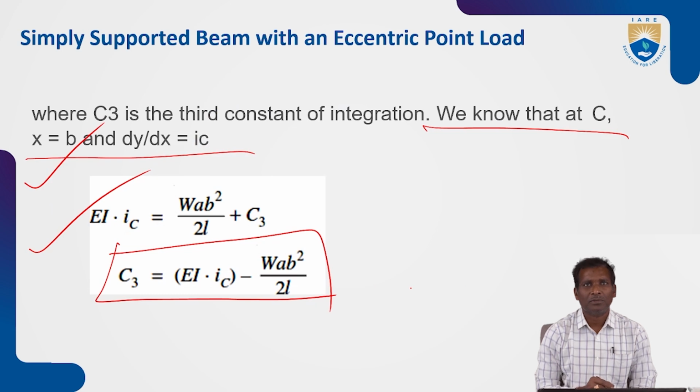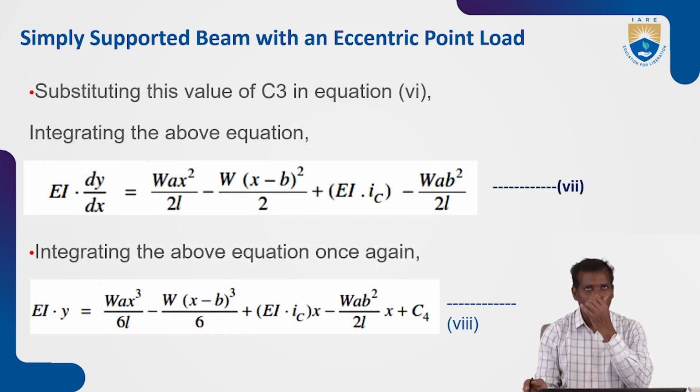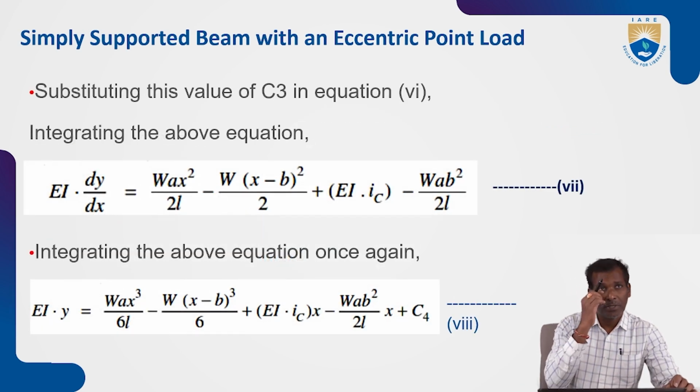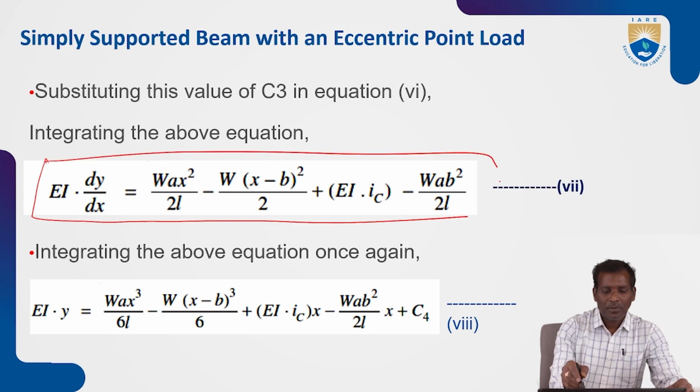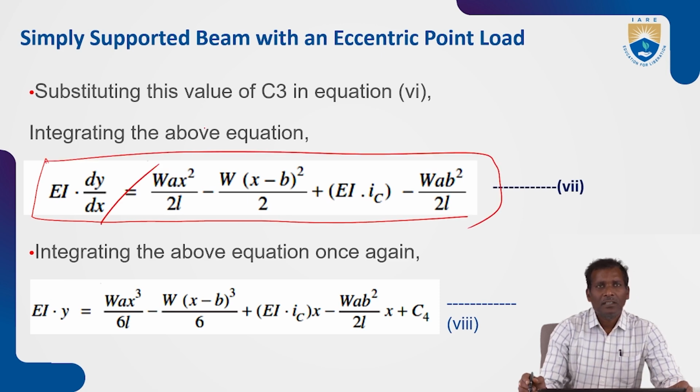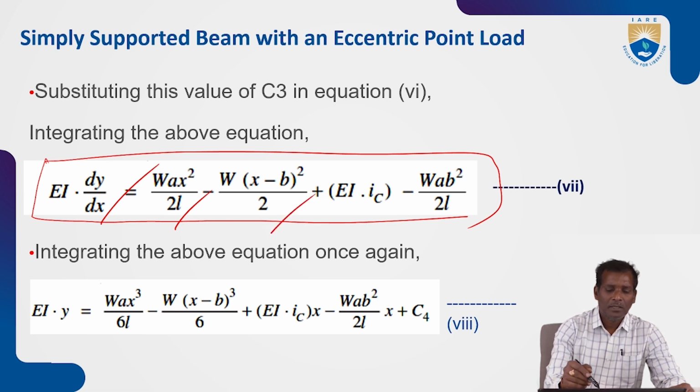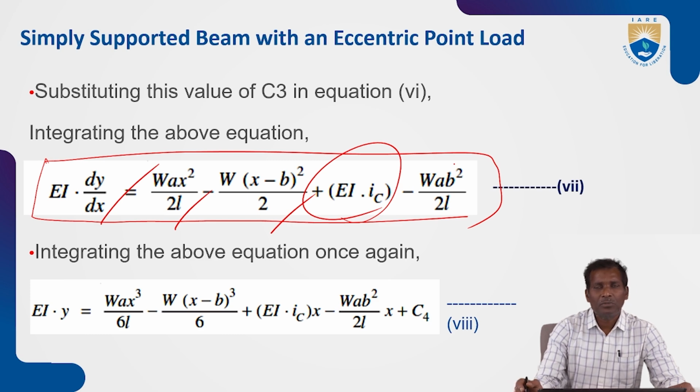So substituting this C3 value in the above equation, we got EI into dy by dx is equal to W into a into X square by 2L minus W into X minus B whole square by 2 plus EI into theta C minus WaB square by 2L.